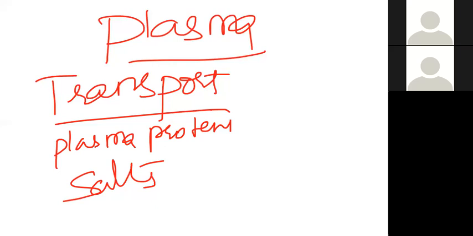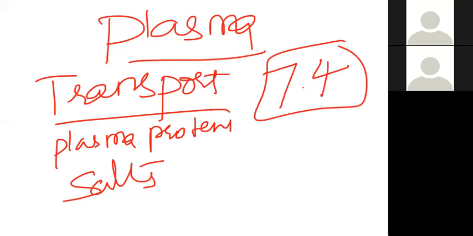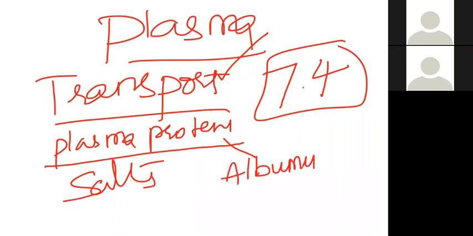Finally, the function of the plasma is the transport of various substances: nutrients, excretory wastes, and hormones are transported from here itself. Then the functions of plasma proteins: individually, they have their own functions. As we said, albumin maintains the colloidal osmotic pressure. I'll explain what that is, so don't panic here.